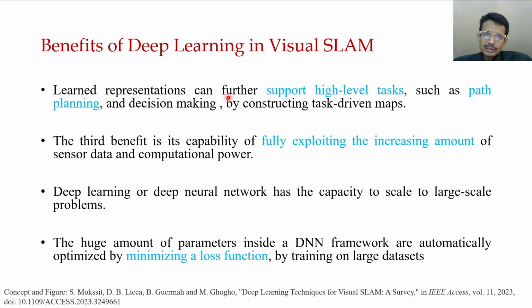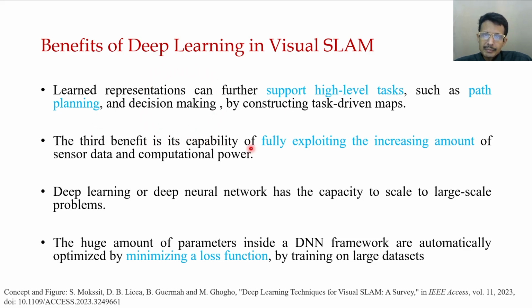The learned representation can further support high-level tasks such as path planning and decision making by constructing a task-driven map. One thing is very important: supporting high-level tasks means path planning, that is, along which route the robot will move. That is very important to understand by basically inspecting the surroundings.